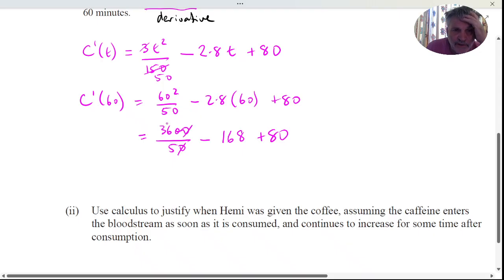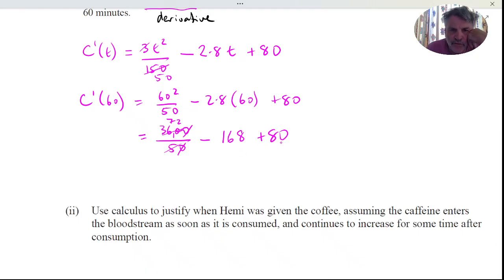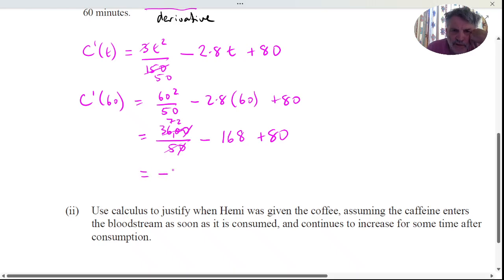Cancel 5's into 36 is 7. There's 1 over 72. So that's 72 plus 80 is 152. And that's another 16. So this is equal to minus 16 micrograms per litre per minute as required.